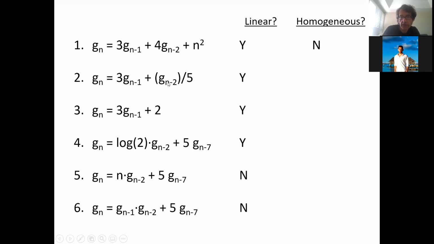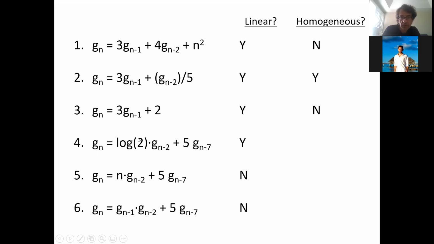This one is homogeneous. There is no free term. This is a non-homogeneous term. This is homogeneous. It's a constant times G_{n-2}. Oh, by the way, I skipped over that: I only take the n-2 and n-7 terms. So what happened with the previous one? Is it really a homogeneous recurrence relation?